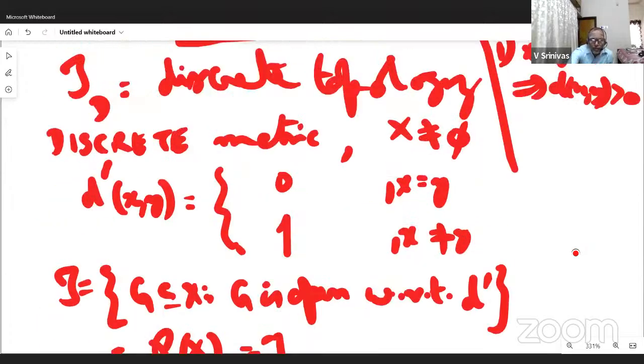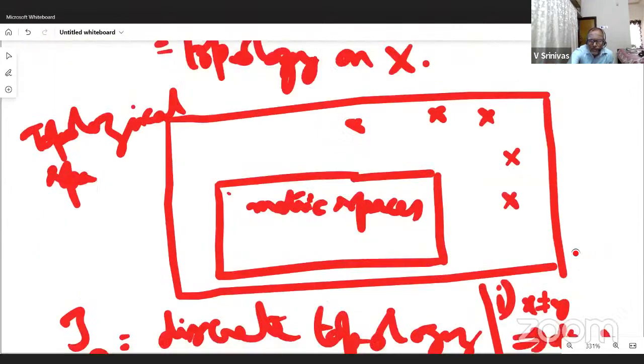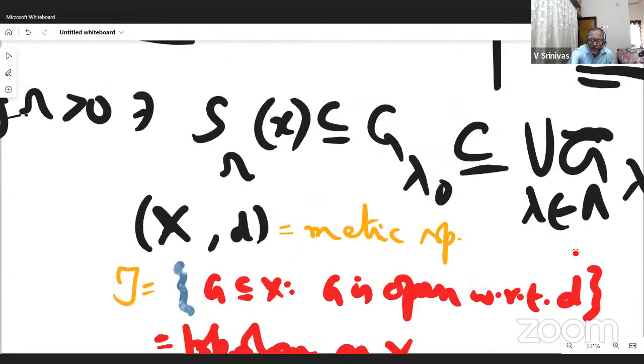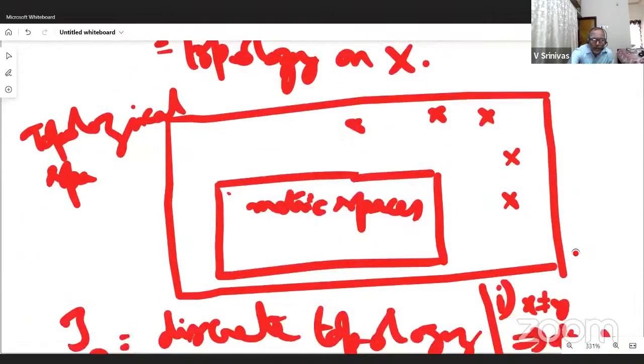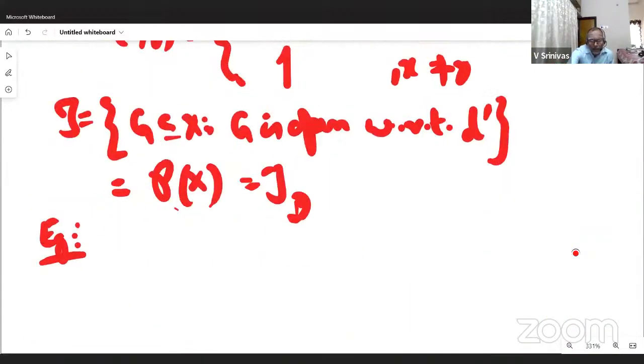What did we do till now? We have seen that every metric space generates a topology. Before going to the next example, let me point out that on Rn, you have the Euclidean distance metric.